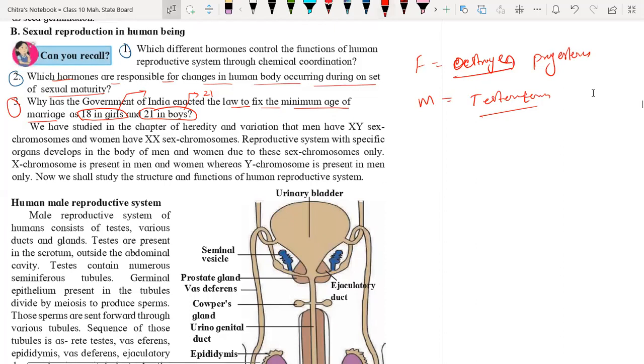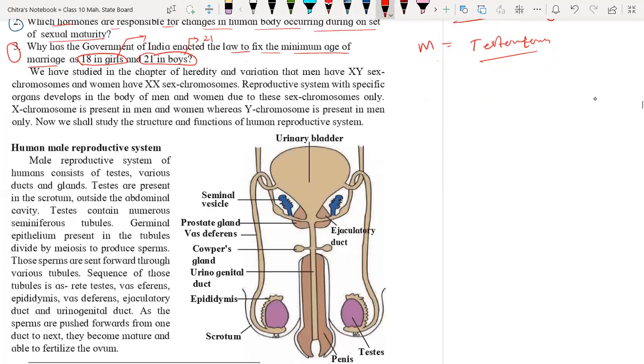Okay. So we have already gone through that. XY is the set for the male, and XX is homogeneous, and here we have heterogeneous, or homologous and heterologous. We already went through it in the last class.